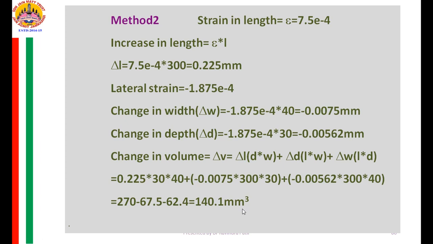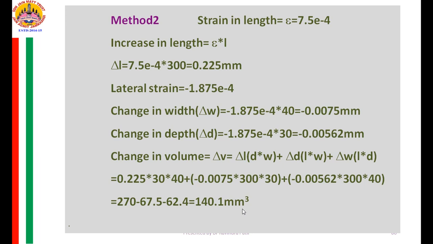In the first case, by knowing the strains in three mutually perpendicular directions, we are calculating the volumetric strain. Volumetric strain multiplied by original volume, directly we will get the change in volume. In the second case, instead of calculating the volumetric strain, I am calculating the linear and lateral strains.